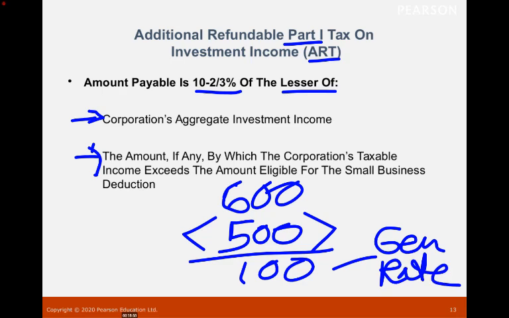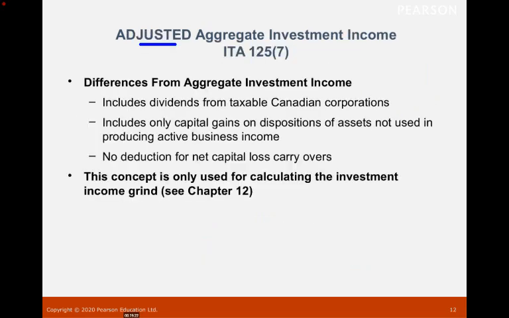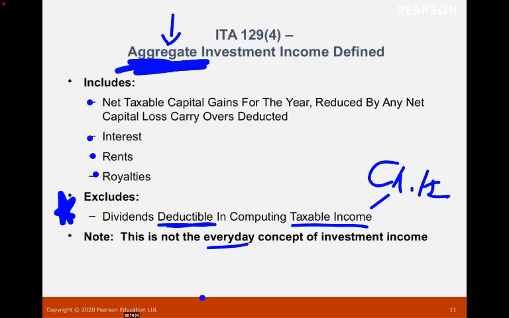So 10 2/3 of that amount, or aggregate investment income, whichever is lesser. So if you have no aggregate investment income, if this was 0, then that's the number you're going to use. And there would be no additional refundable Part 1 tax. So this is really only going to occur if you have aggregate investment income as defined here in the Act in Section 129(4).